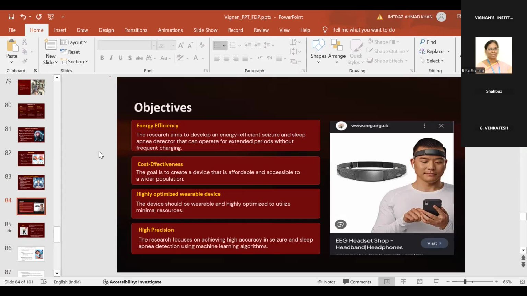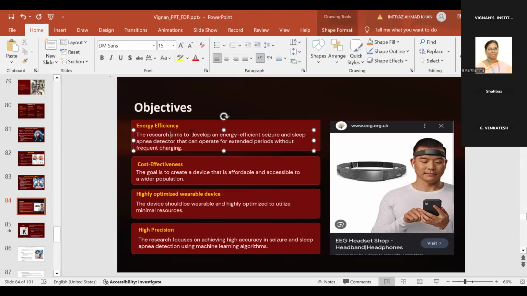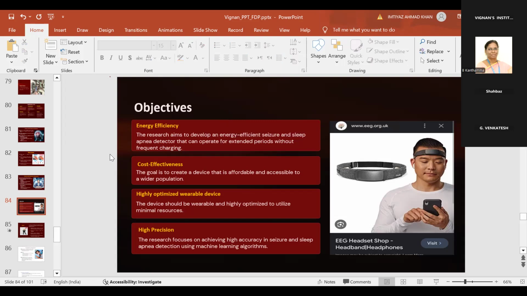If you want to work on migraine or Alzheimer's, anything, your target should be to develop an energy efficient detector or any other device that operates for extended periods without frequent charging, which means your battery backup is high. Cost should be low because I just started to work on the seizure and sleep apnea detector, but if you want to use any other disease, you can.